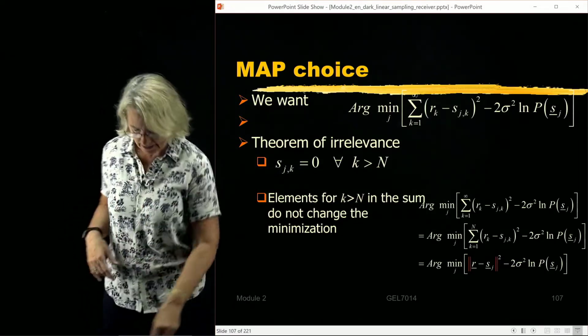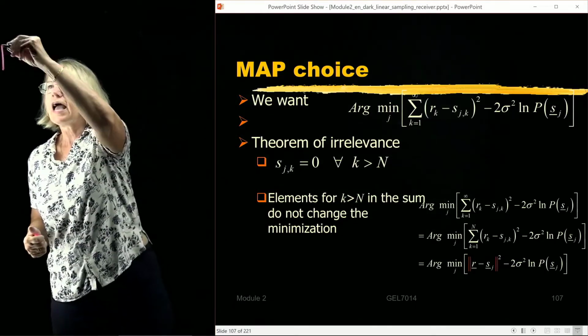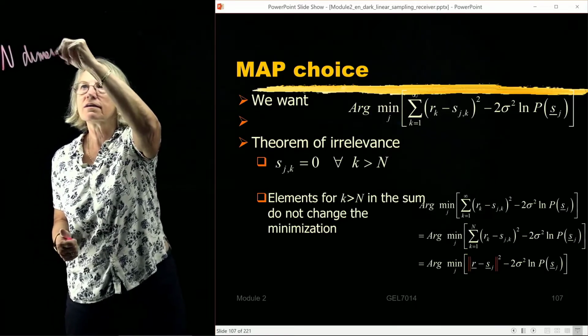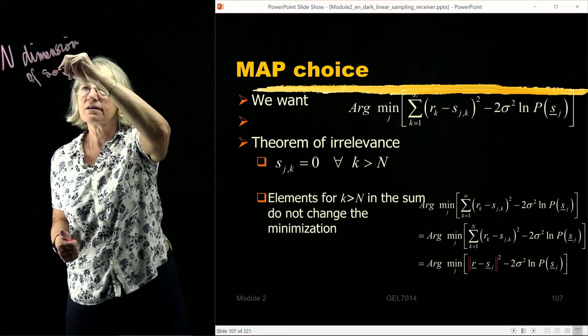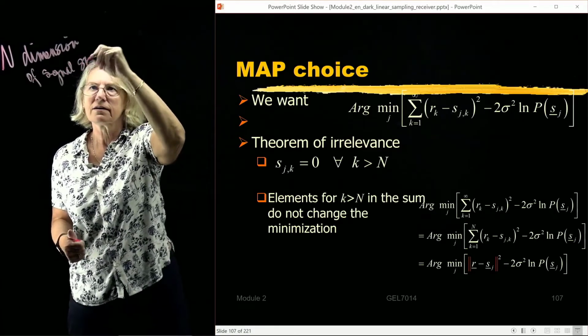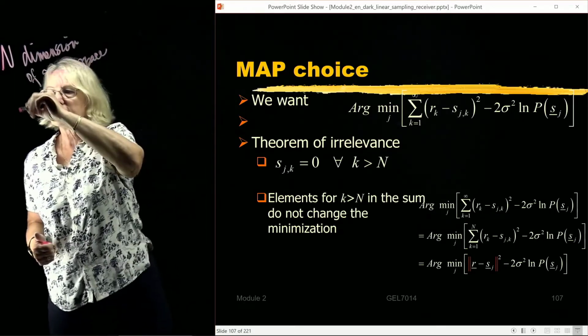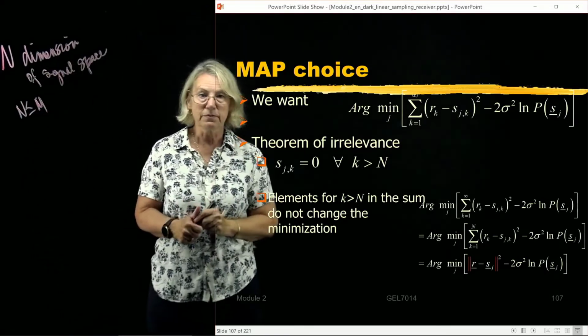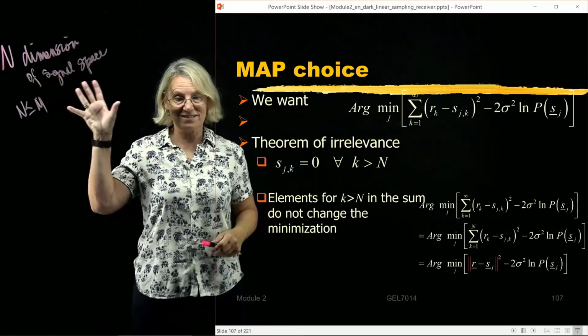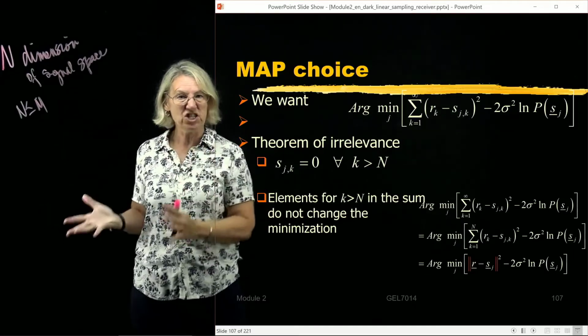And n, let's just recall, is the dimension of signal space, and n can be no greater than m, the number of symbols. So the signal space fits in dimension n.